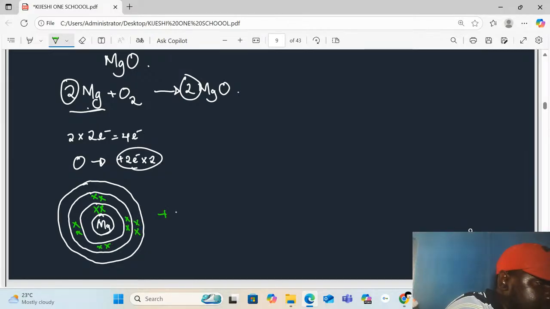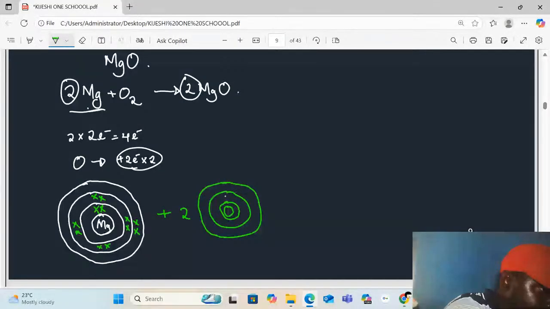Then plus 2 oxygen. So oxygen like this. It is having 2 energy levels. There's a dots, a pair. Then we have 3 pairs here because it is number 8. So meaning that it is 2.6.